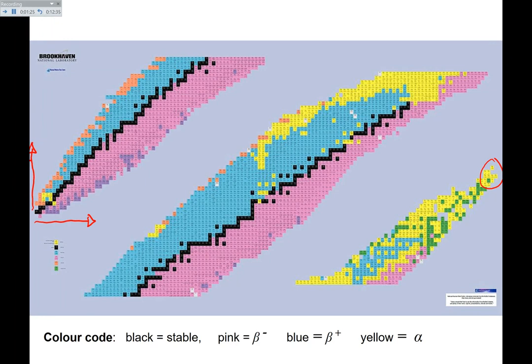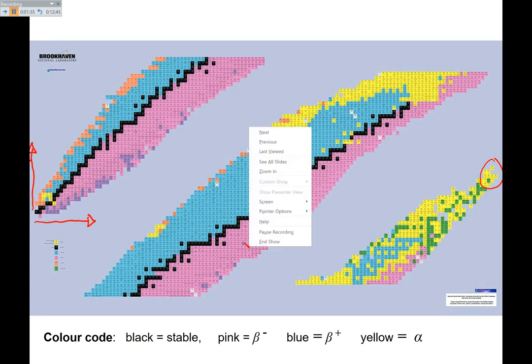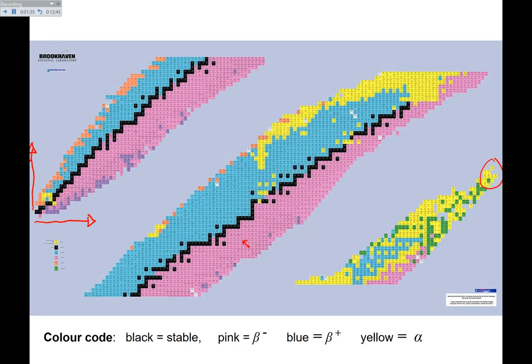Now the pink are beta emission, and when a beta emission occurs, it goes just one box in a northwesterly direction, because you gain one in the proton direction and you lose one in the neutron direction.